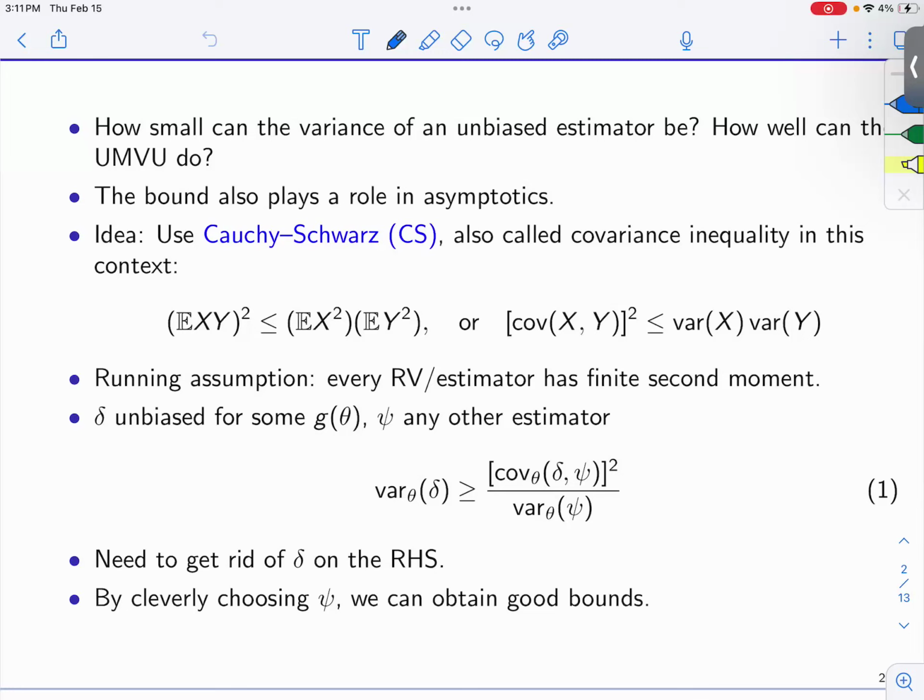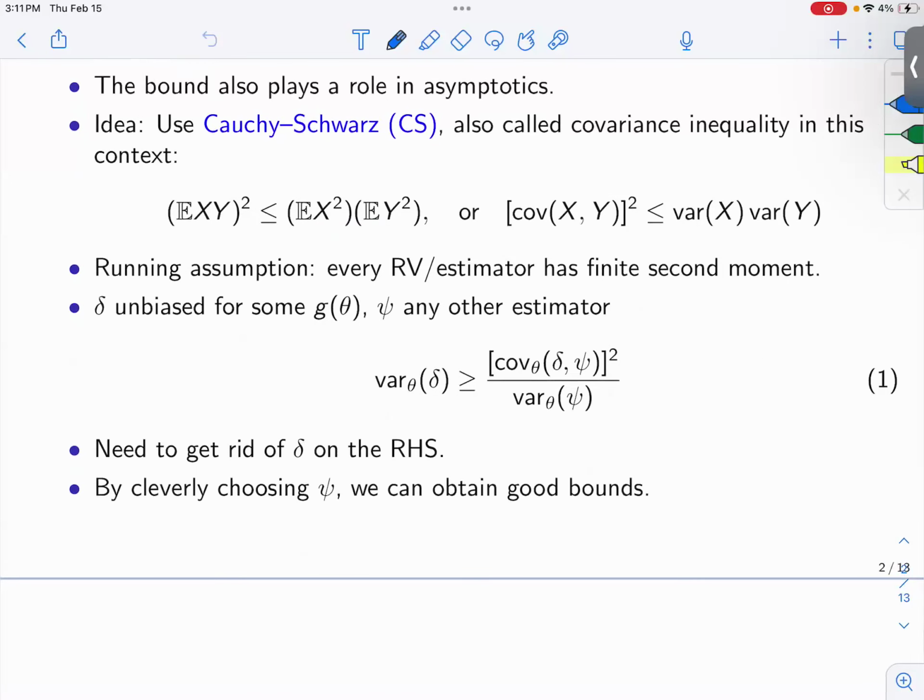The covariance of these two, squared, divided by the variance of psi, would be a lower bound on the variance of delta. So imagine dividing both sides by one of the variances.